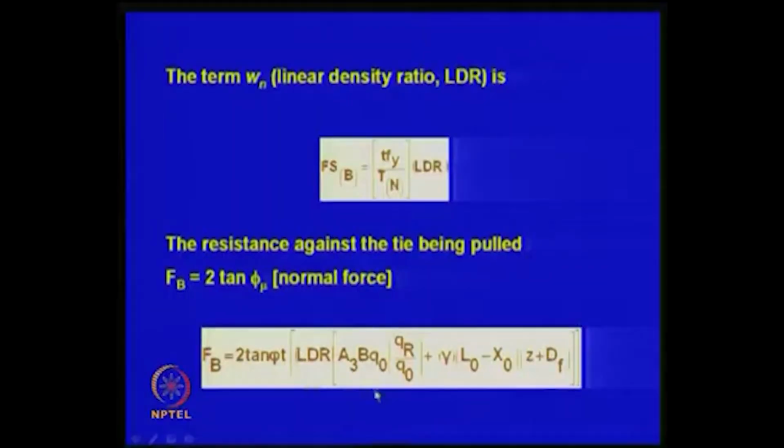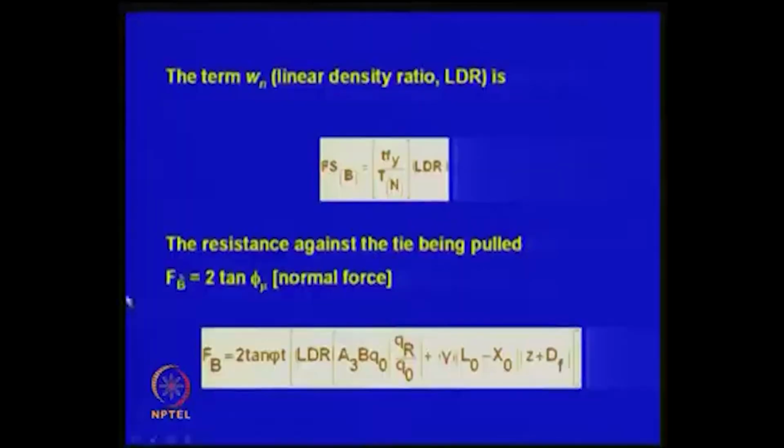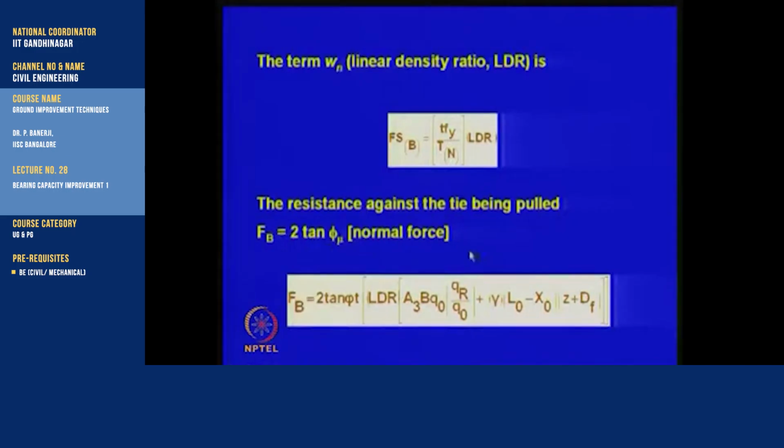And how do you get that? Again there is a simple expression that you have, you get a term called A3 here, and you have a B and all, it is a gamma actually. L naught is the length of the reinforcement and depth and all that. This is another expression that we have for the pull out resistance. Okay. You have two sides, higher normal force gives higher pull out resistance. So, on both sides that is a term, that is why you get 2 here, tan phi mu into normal force.